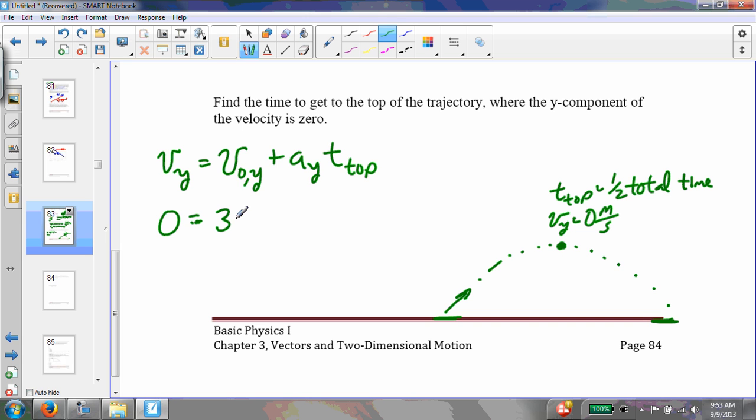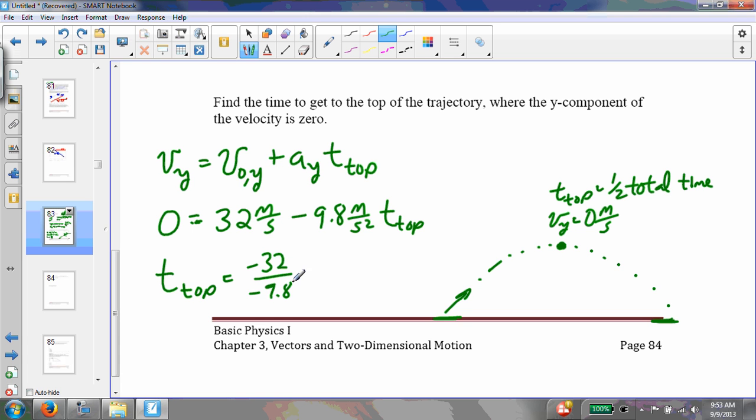V0y was 32 meters per second, minus 9.8 t top. If I solve for t top, that's negative 32 over negative 9.8. I get 3.3 seconds. Right. So that is the time up here.